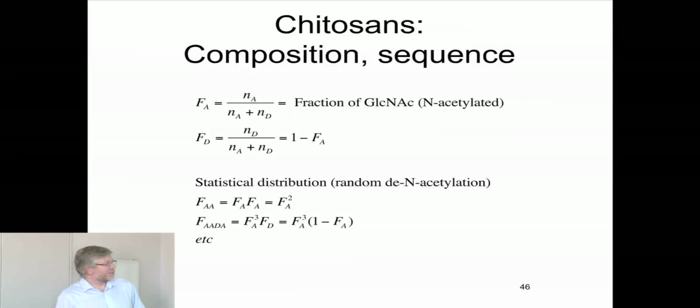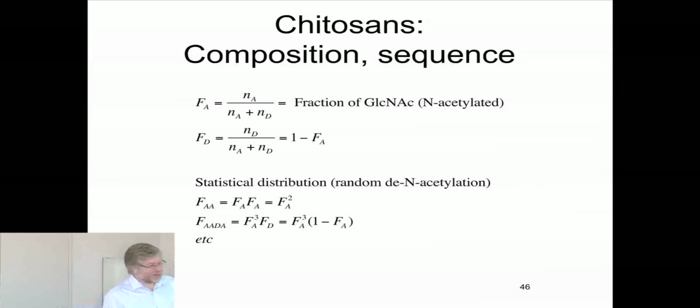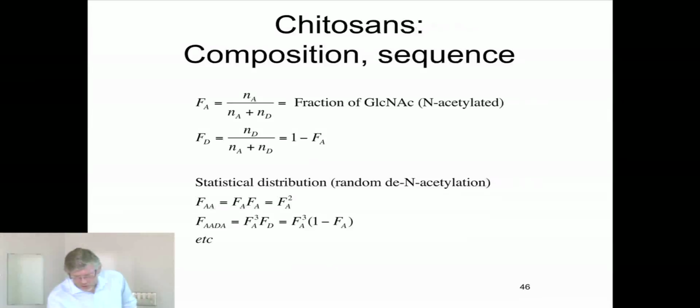And if you want to have this tetrad, it's simply 3 A's and a D, so it's a frequency of Fa to the power 3 times Fd, and so on. So this is a very different situation from alginate and makes things a little easier for us.